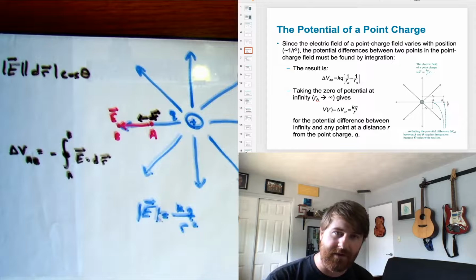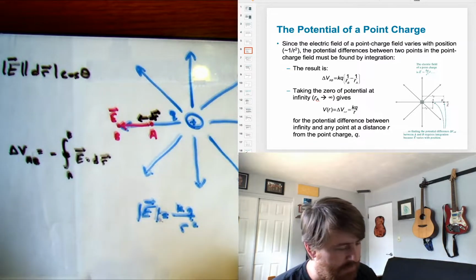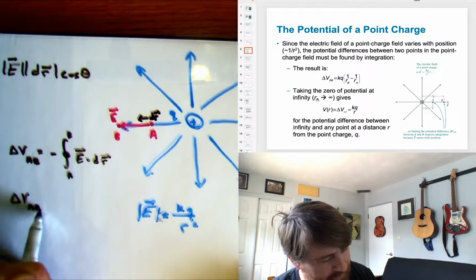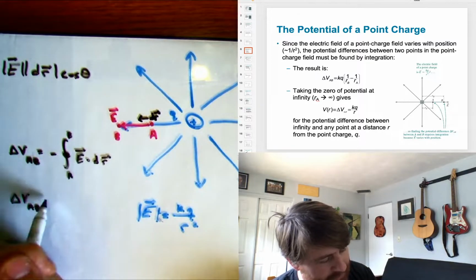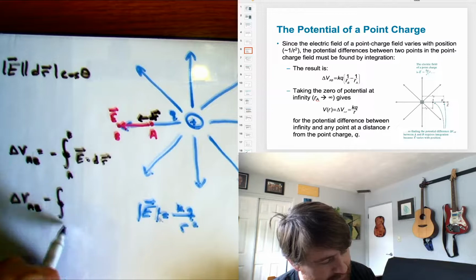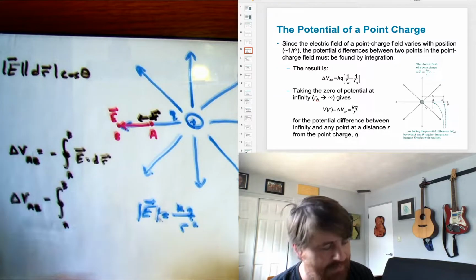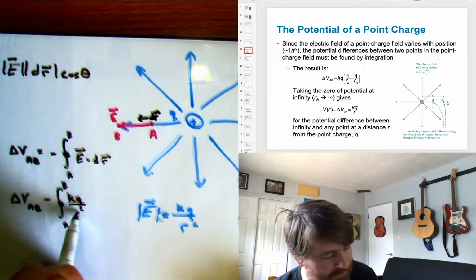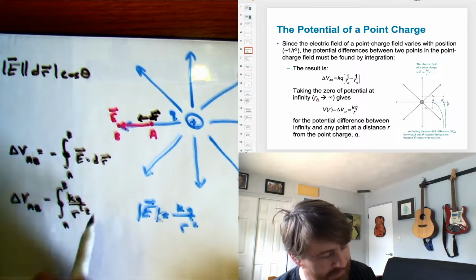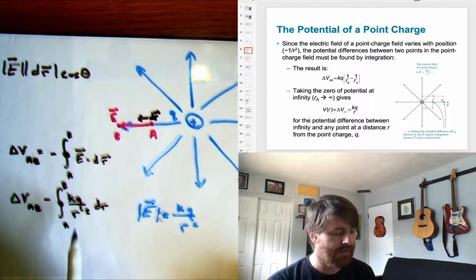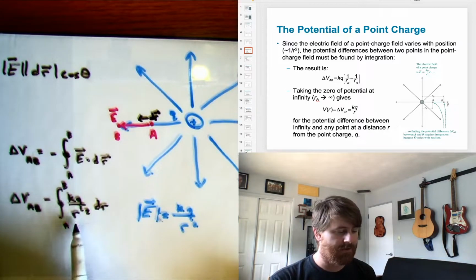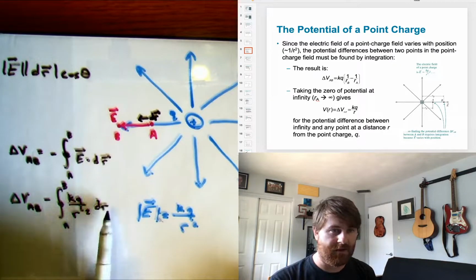Cosine of 0 degrees is 1. So I can just plug in the magnitude of E and dr. I've got minus the integral from A to B. Electric field is kq over r squared times dr. k and q are constants. I've got dr over r squared, or r to the minus 2 dr.